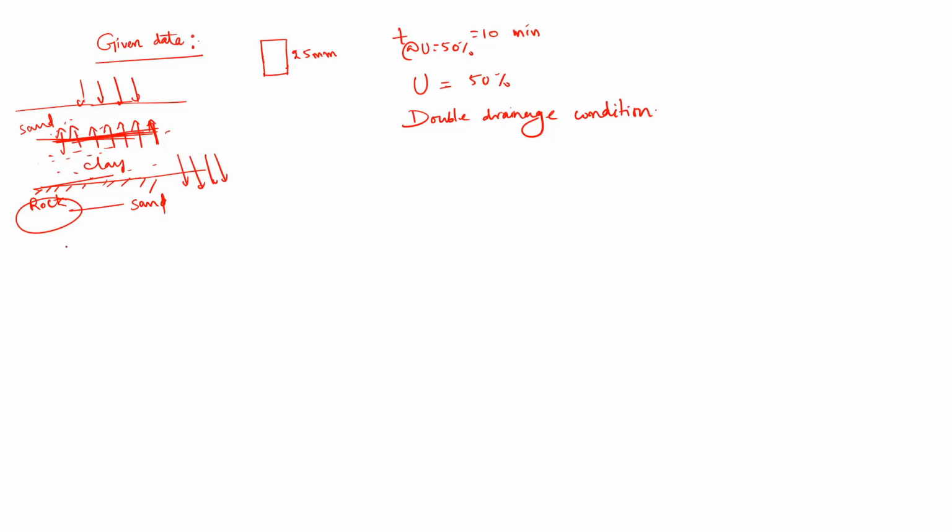So what is the significance of the double drainage condition or single drainage condition? Let us say this is the height of the clay. Now in double drainage, for any water particle you take, the maximum length travelled by a water particle in this clay will be half of the height of the clay, because the particle at the middle can go anywhere, but one above the middle point will travel upward, as that is the lesser distance compared to the downward direction.